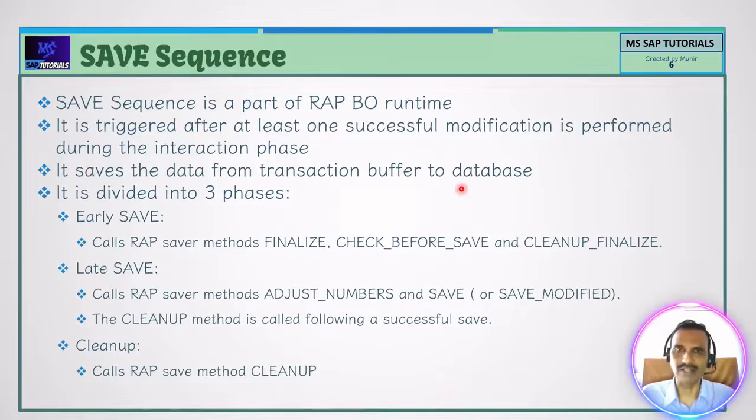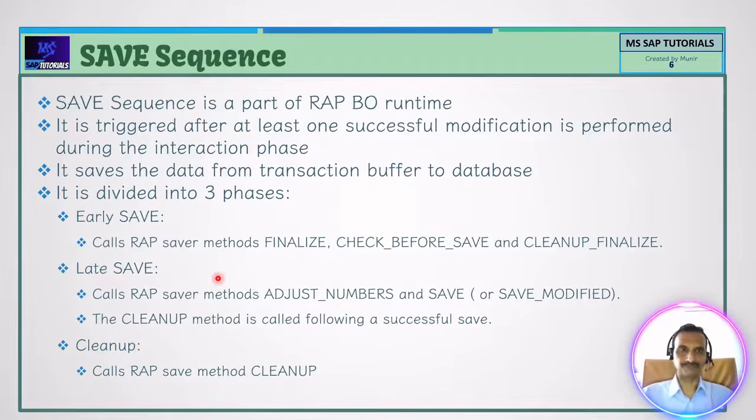So in our interaction phase, everything will be stored in a transactional buffer, and a save sequence is the process which will move the data from the transactional buffer to the database. Now it has got three phases. Okay, these are early save, late save, and cleanup.